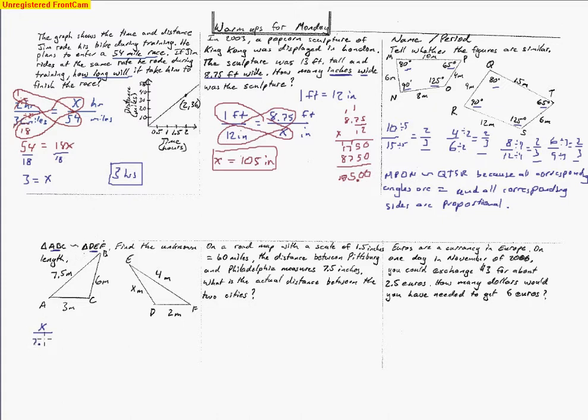So don't just look at the figure, look at the letters that represent the points and try to get them in the same spot. Now I'm going to use 2. So 2 is DF. So here's D and F. So that corresponds to A and C. So AC is 3. And so now I'm ready to cross multiply. So I'm going to multiply the 3 and the x, makes 3x.